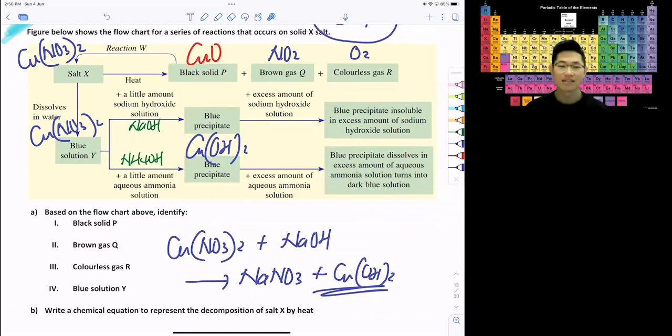Okay, I think we should go to the ion test. Page number 13.